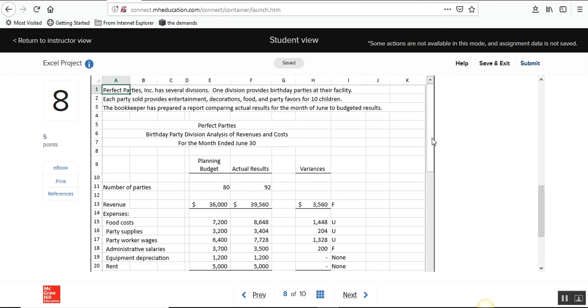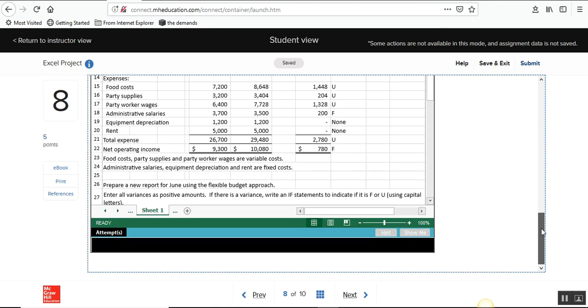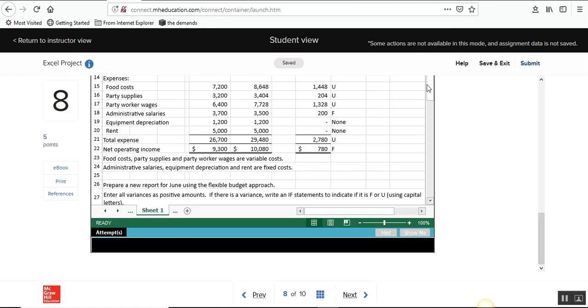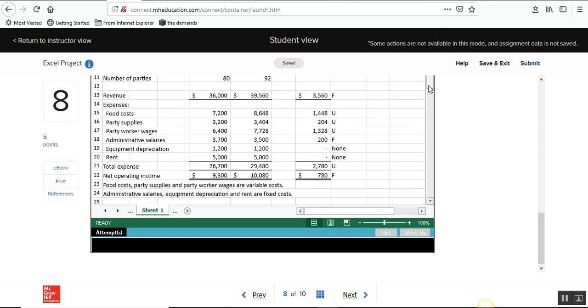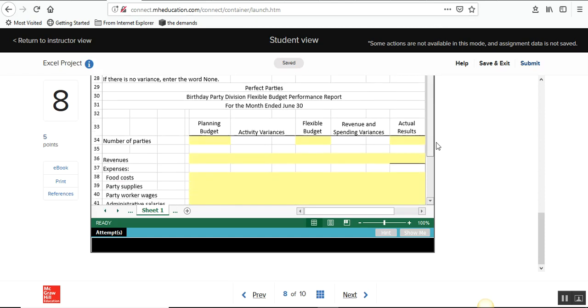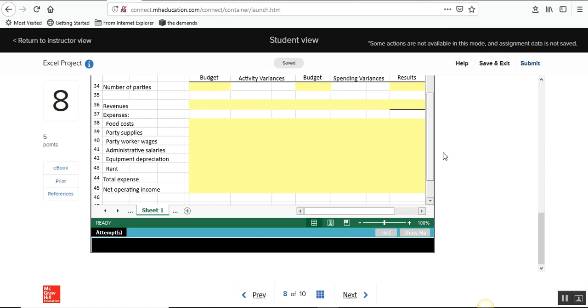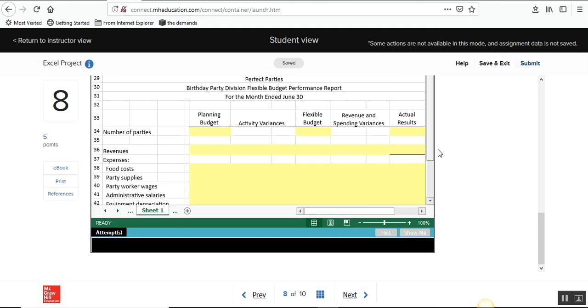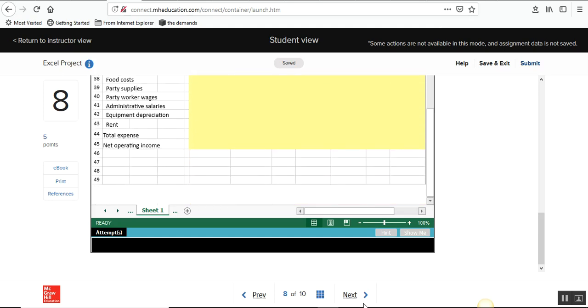If we're looking at that, we should remember that worksheet that we did, where we looked at, okay, here's the planning budget, but we need to adjust it based on activity. So then we need to identify what the planning budget is, what the flexible budget is, and what the actual results are. And then we're going to plug in those variances. We're going to identify what they are.